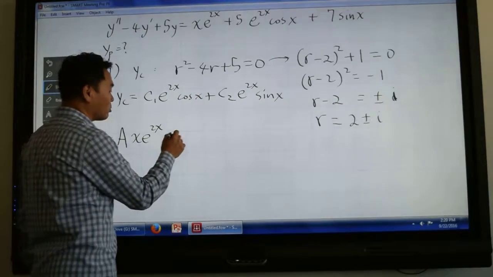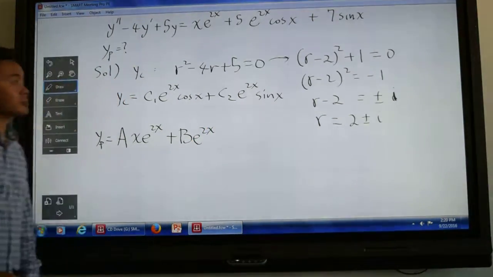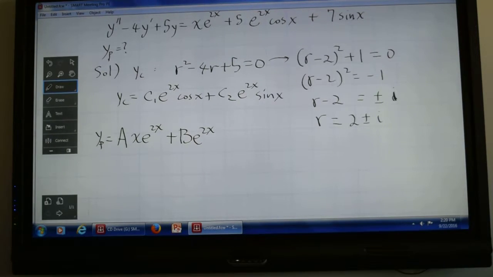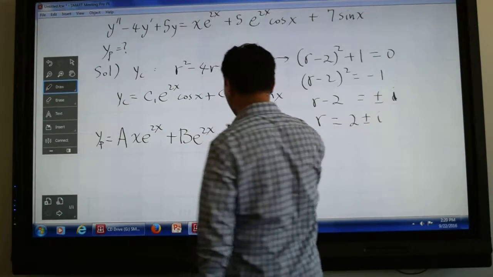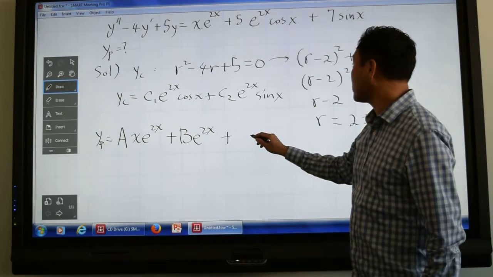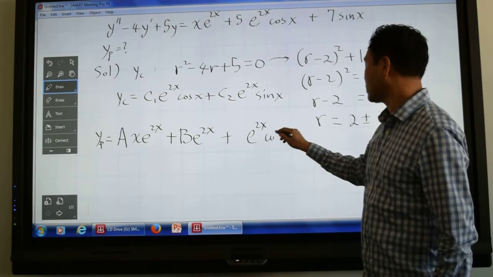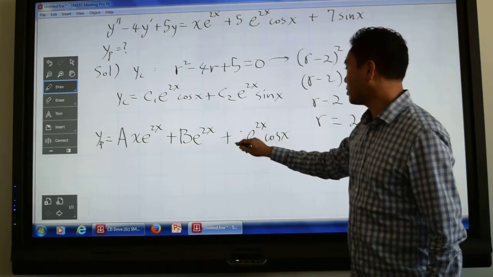So that should also be included. And then you have the next function, e to the 2x cosine x. So you include that.